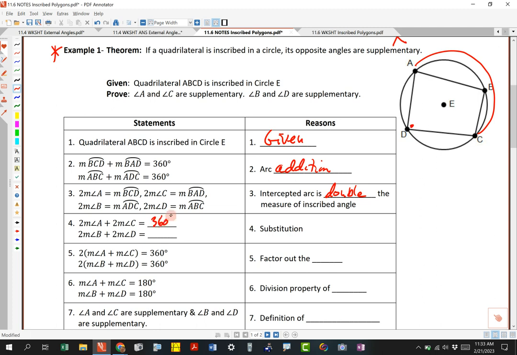So here's what we've substituted for. We've taken this one right here. Here's arc BCD. Arc BCD is 2A, so I replaced this one with that right there. Arc BAD, that's right here. I replaced that with 2C. Okay? Everybody good with that?